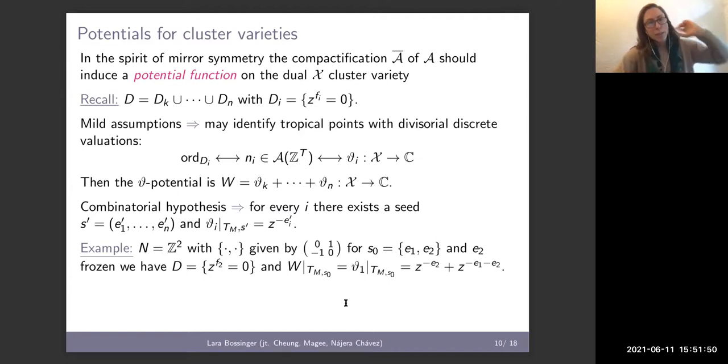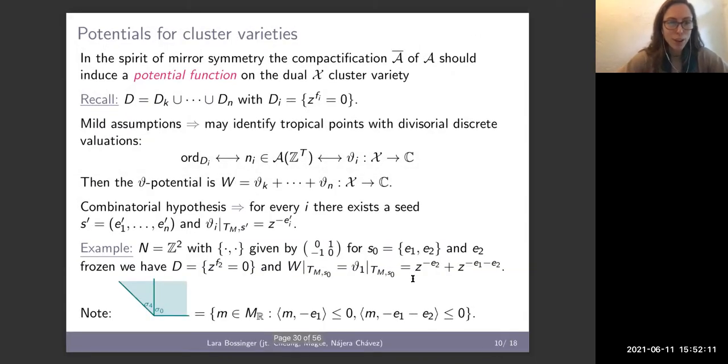And in fact, if this combinatorial hypothesis is satisfied, my superpotential will always be a Laurent polynomial with terms such that its coefficients are 1. At this point, I first thought I should give you this as an exercise, but maybe it's been a lot of information already.